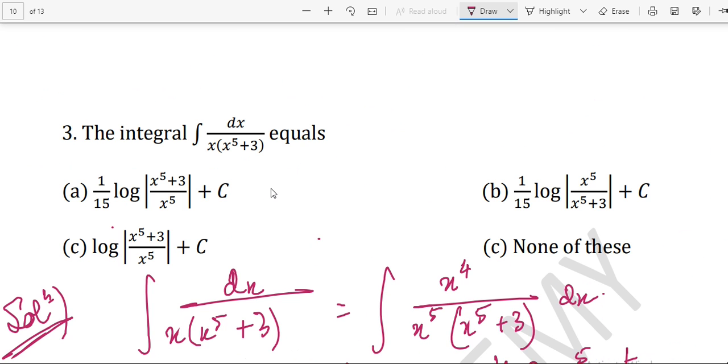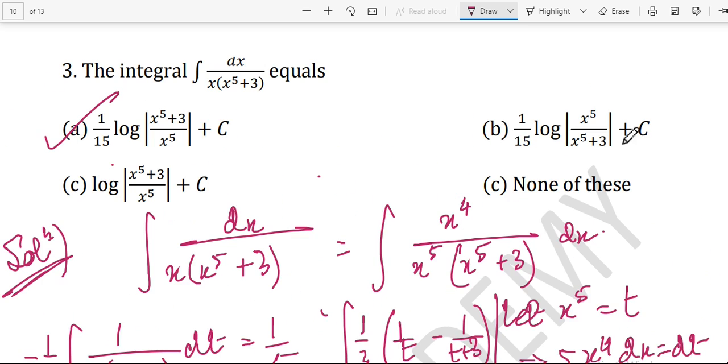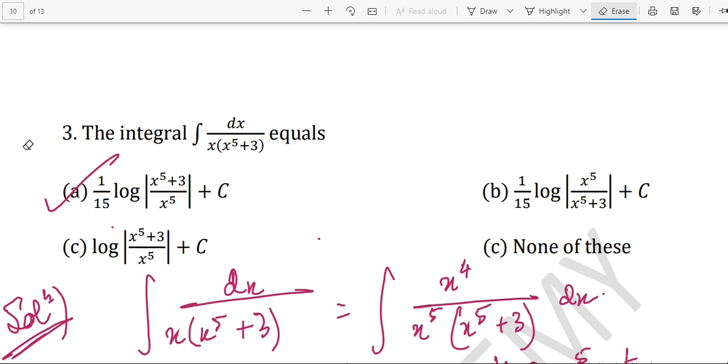Oh, sorry, this is option B, not A. 1 by 15 log of mod of x to the power 5 divided by x to the power 5 plus 3 plus c.